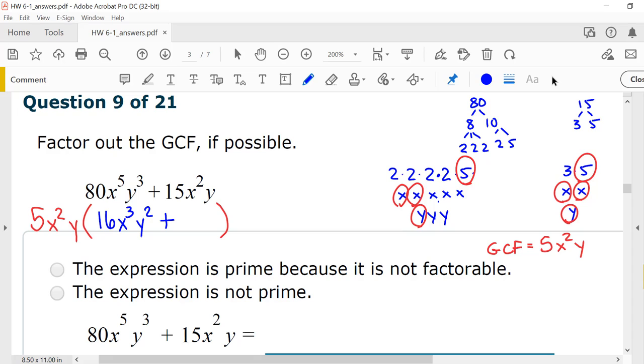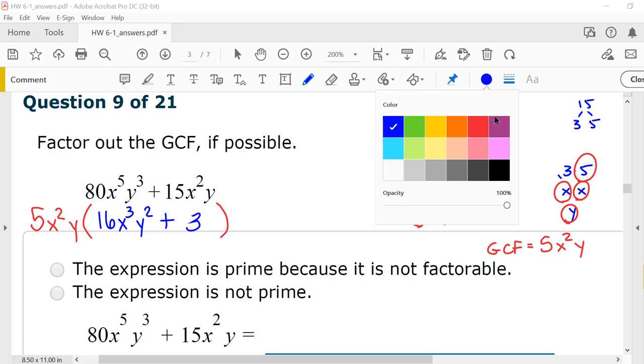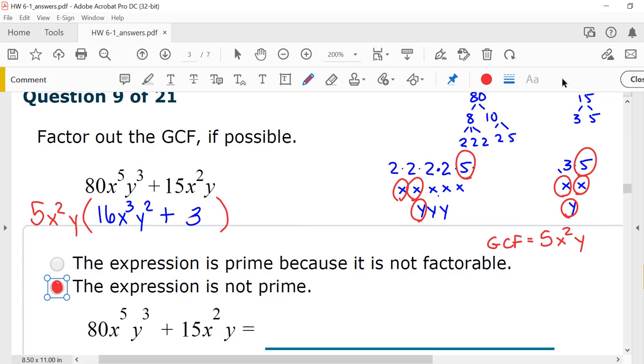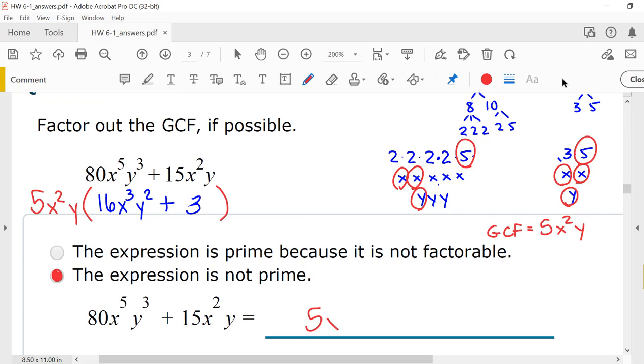Plus, all I have left over here after I pull out the GCF is a 3. My answer is going to be 5x squared y times the factor 16x cubed y squared plus 3.